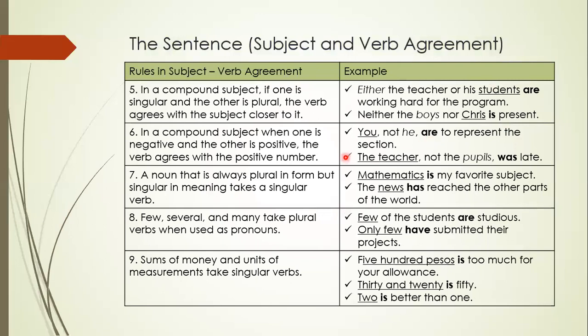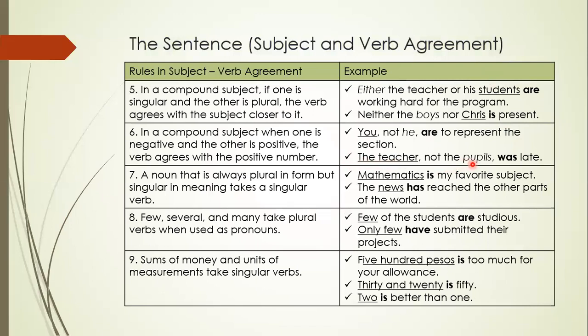Okay? Another example, the teacher. All right, this is the subject. Let me read to you first the sentence. The teacher, not the pupils, was late. Okay, our subject here is the teacher for the first one, and the other subject is the pupils.